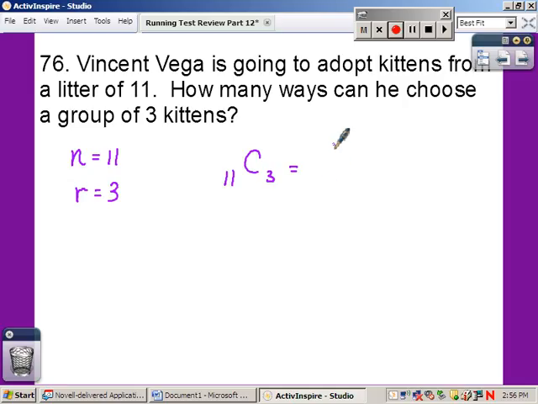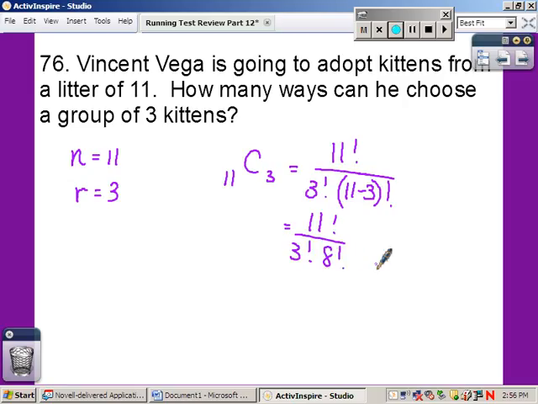So this means that we're going to have an 11 factorial on the top, and then a 3 factorial here, and an 11 minus 3 factorial here. So when we simplify it a little, 11 factorial, 3 factorial, 8 factorial.